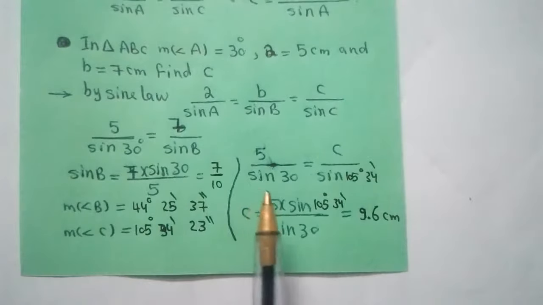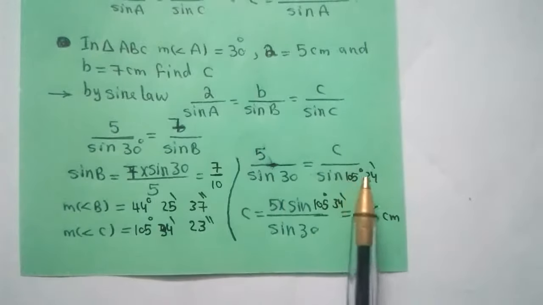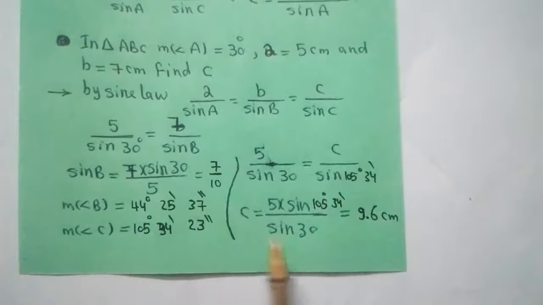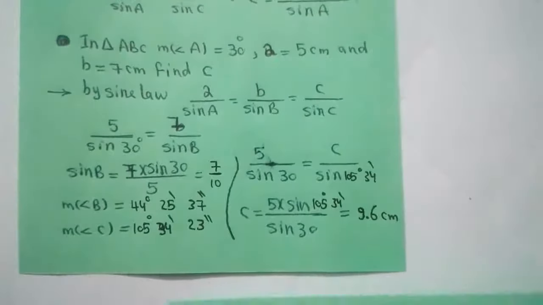By sine law again, 5 over sine 30 equals c over sine 105 degrees 34 minutes. By cross multiplication, c will be 9.6 centimeters.